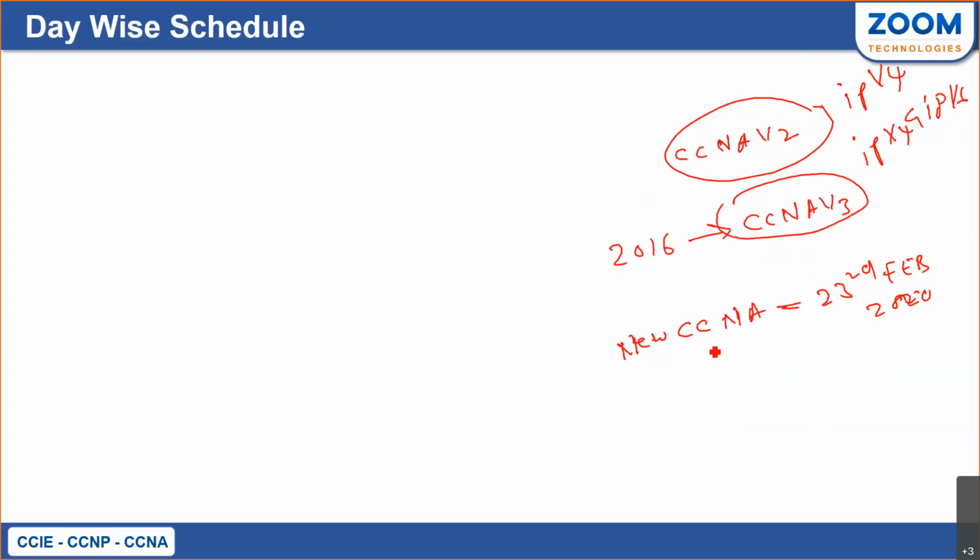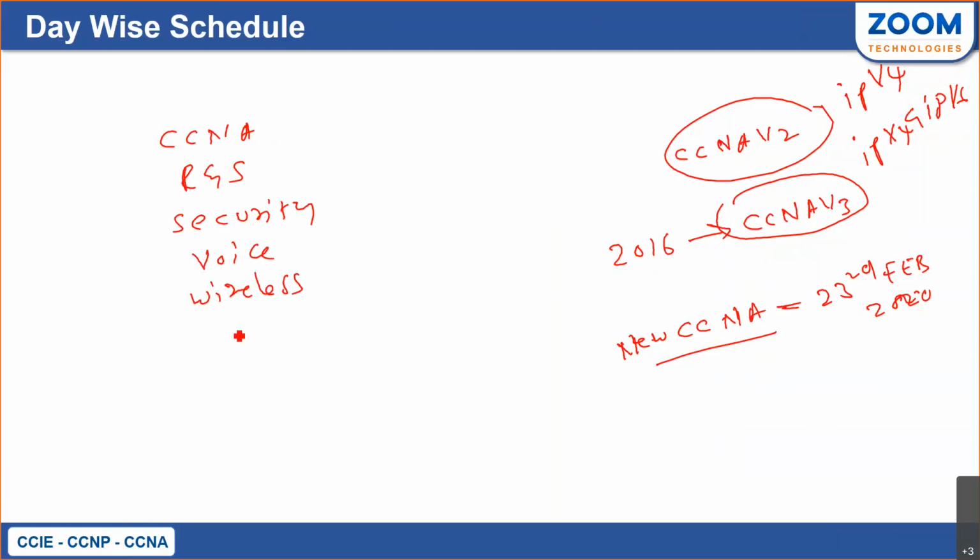In CCNA version 2 and version 3, we had different tracks: CCNA Routing and Switching, CCNA Security, CCNA Voice, and CCNA Wireless.